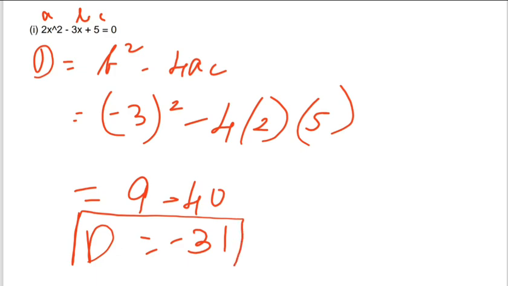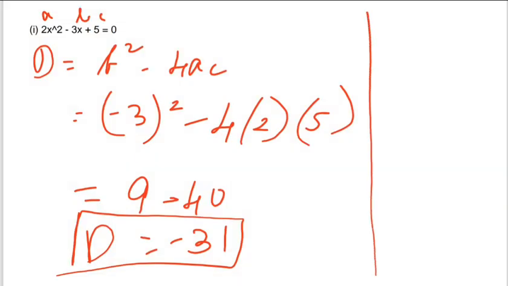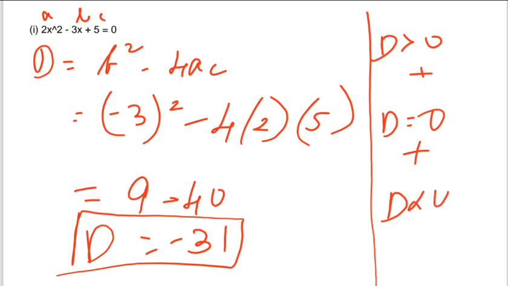Here, for the condition D greater than 0, the discriminant will be in plus sign. D equal to 0 means it will be zero. If D is less than 0, the answer will be in minus sign.